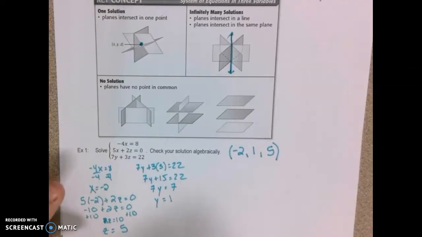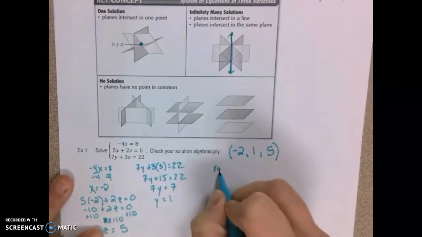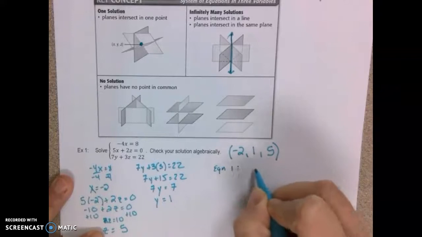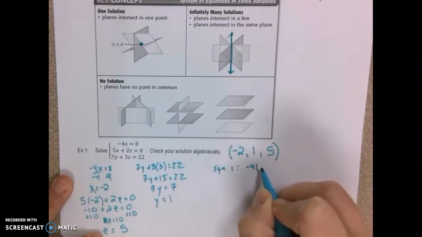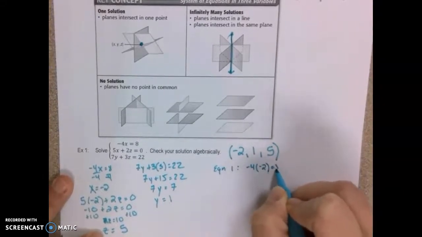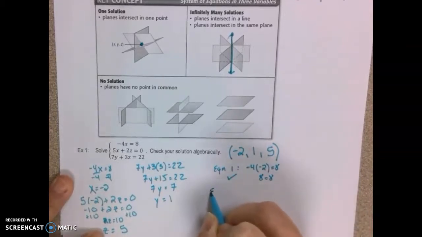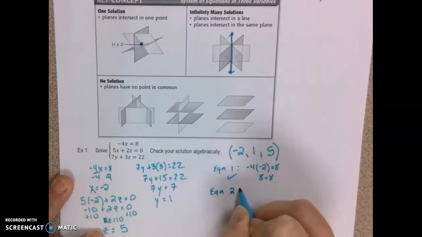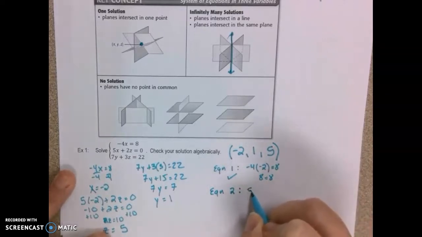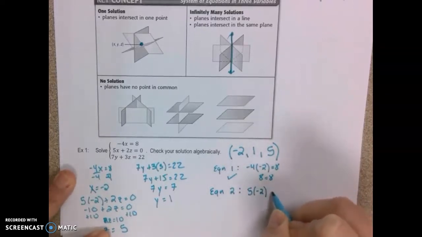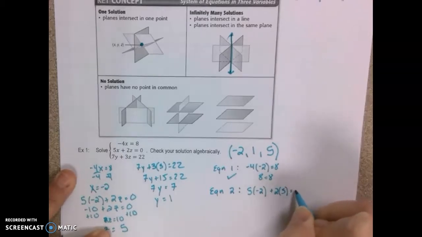Now to check our solution, we need to check it in all 3 equations. First, equation 1: negative 4 times negative 2 equals 8. 8 does equal 8, so it checks. Equation 2: 5 times negative 2, plus 2 times 5, equals 0.